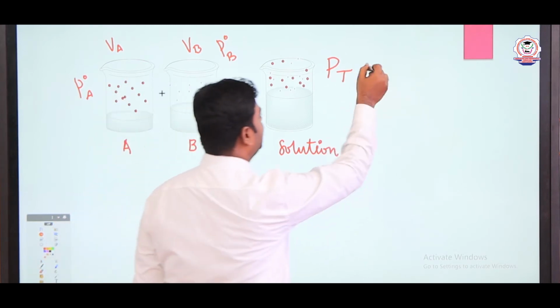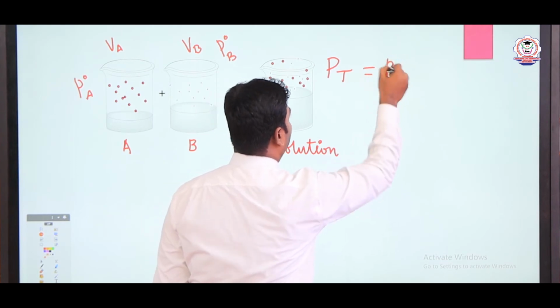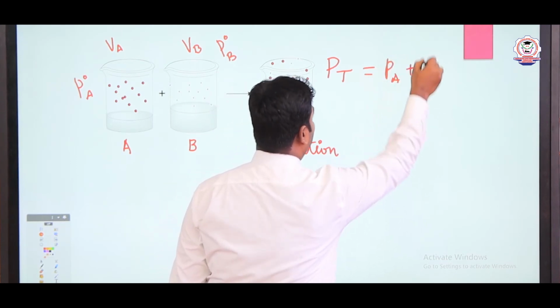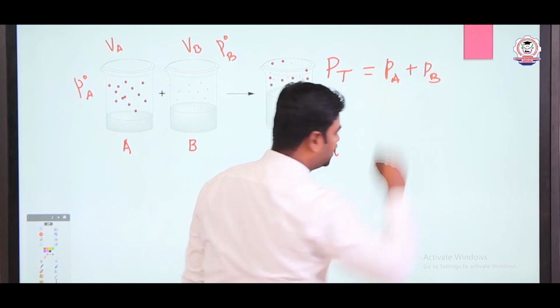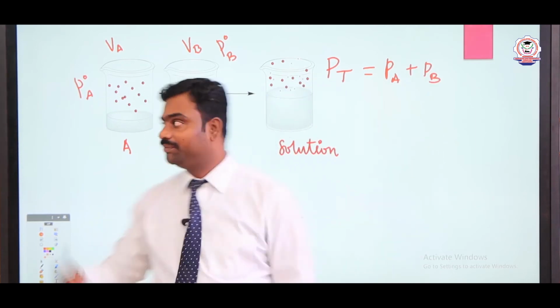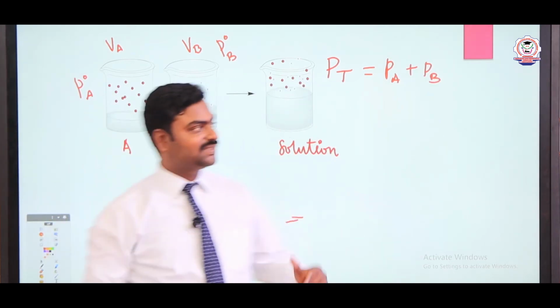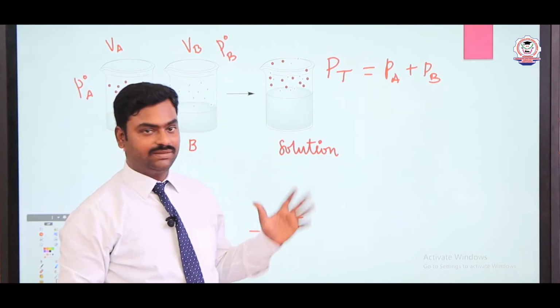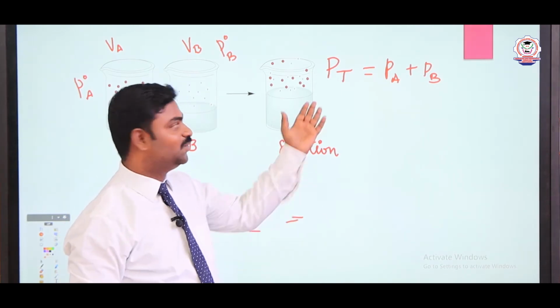So, PT is equal to PA plus PB. See students, we can find out P naught A and P naught B experimentally, as well as what about PT?